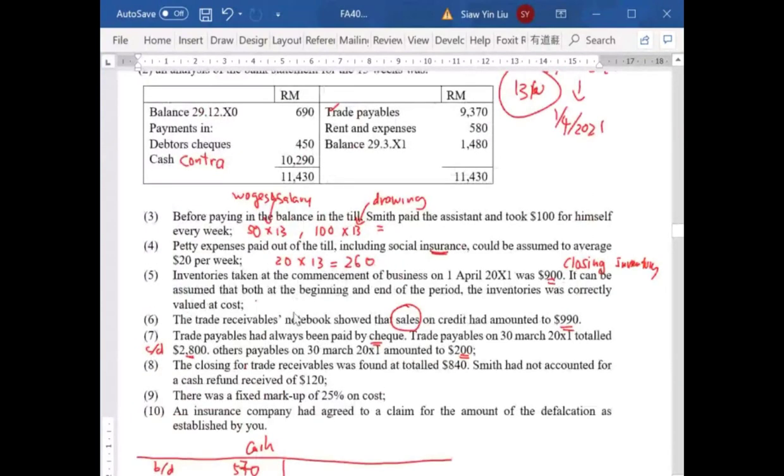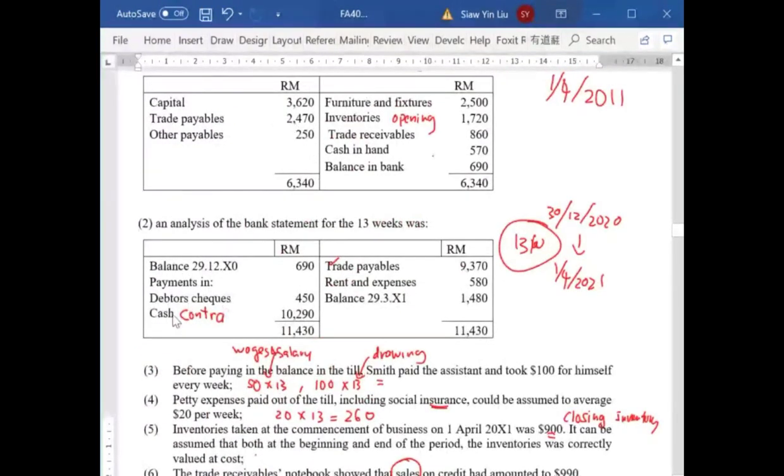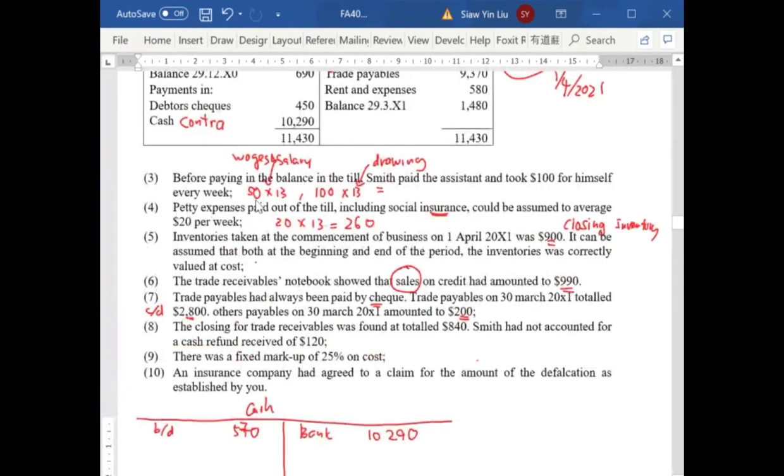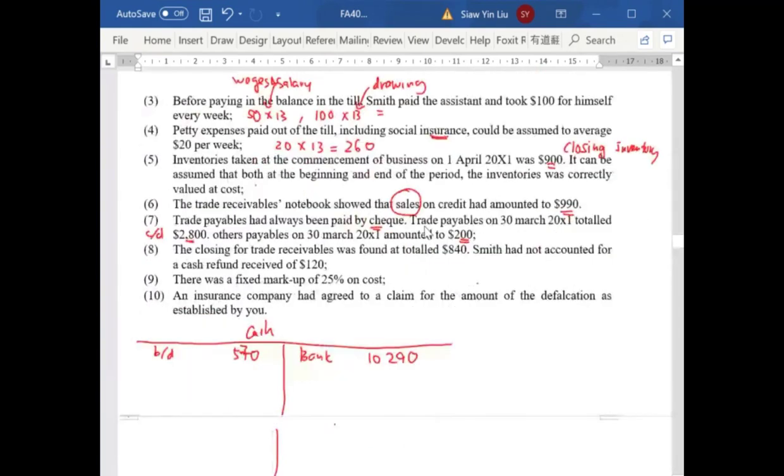Okay. Then from here, you know that you have this contract. So this one we put in first. Directly, we know we put in first. Okay, so bank 10290. Okay, and then if you look at the rest before paying for the till, you have wages and you have drawing, right?